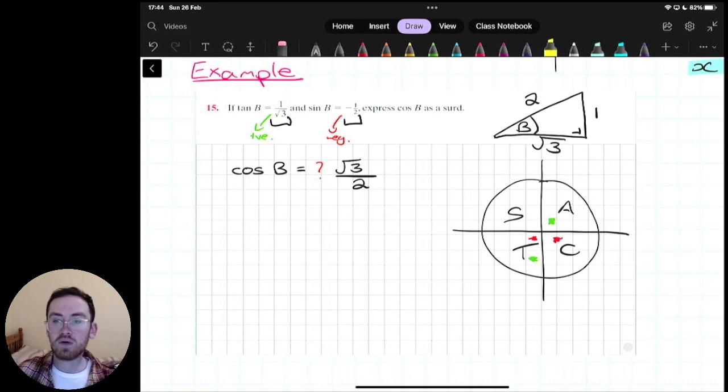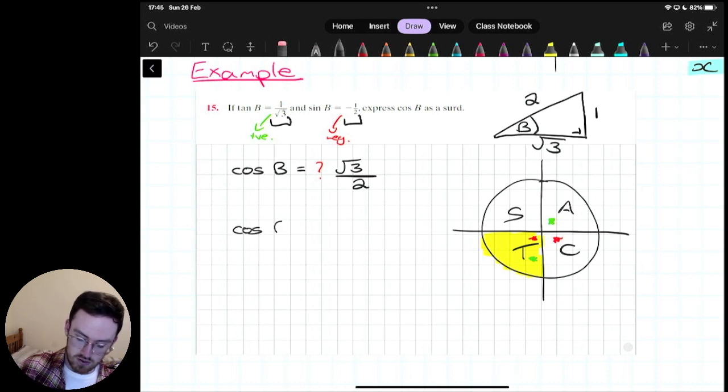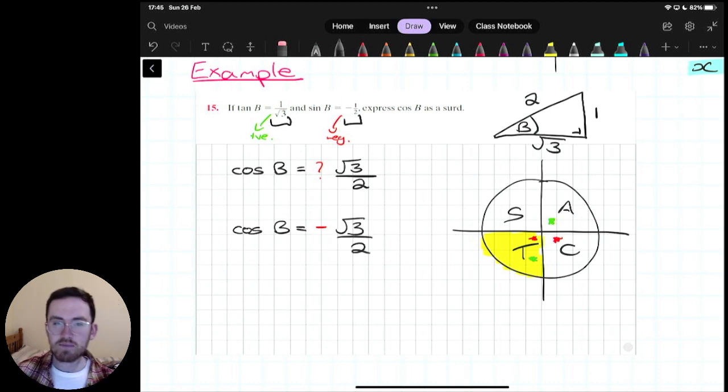So the only quadrant where both are true is this quadrant here. And in that quadrant, what is cos? Cos is also negative, which means that my answer is cos of b is minus root 3 over 2.